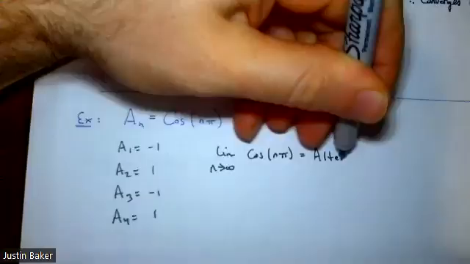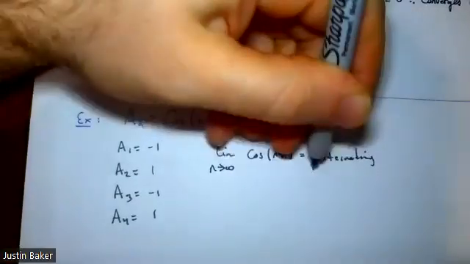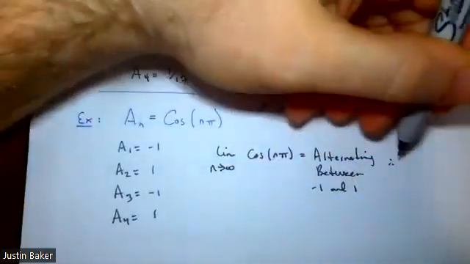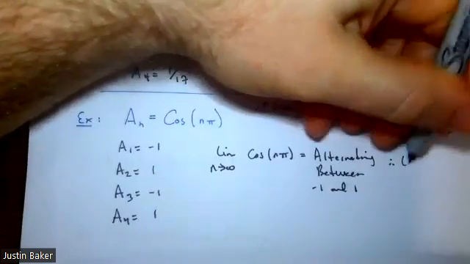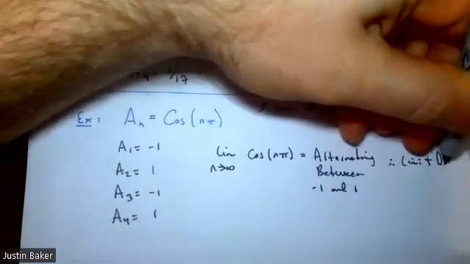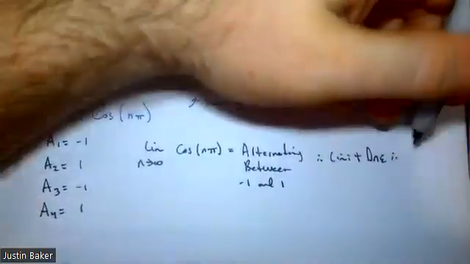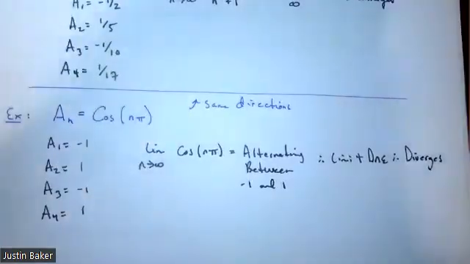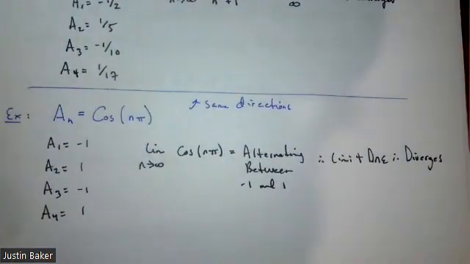Because this is just going to keep alternating between negative 1 and 1. Therefore, we would say the limit does not exist. Therefore, it is something that diverges. Okay.